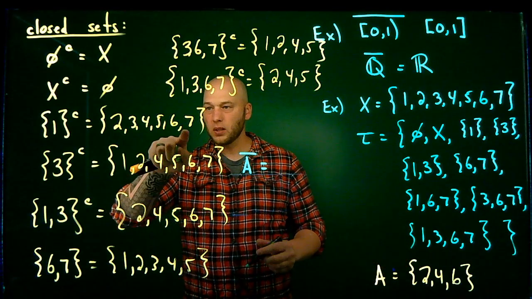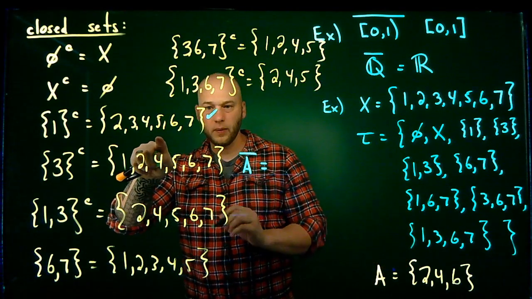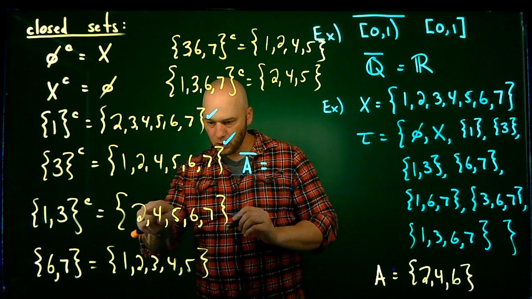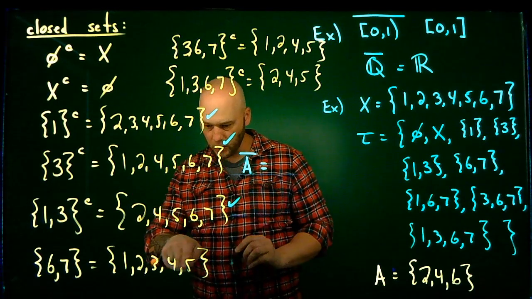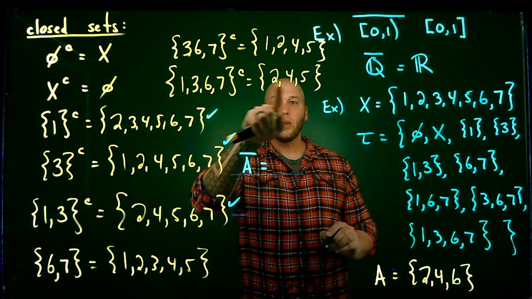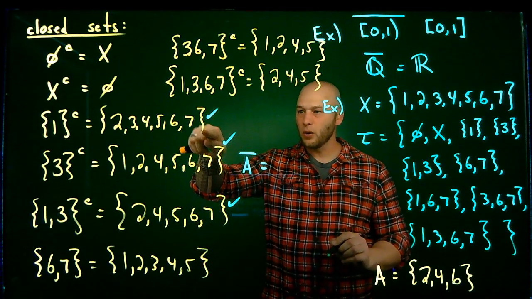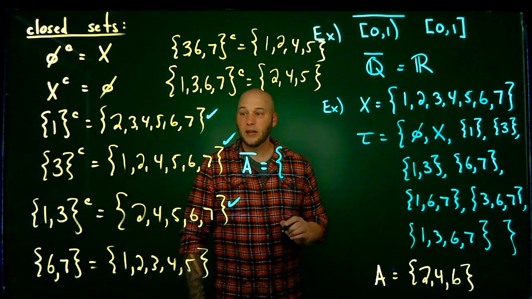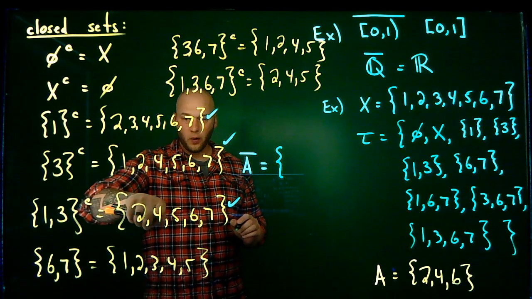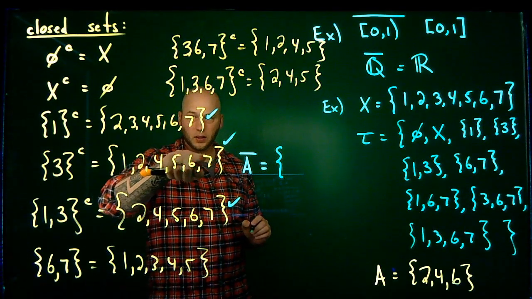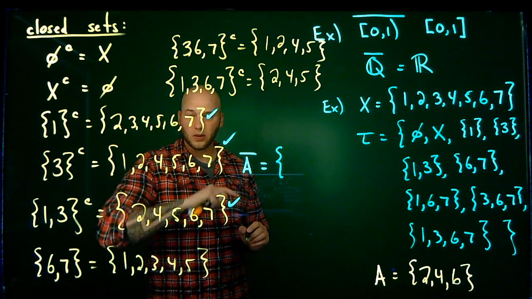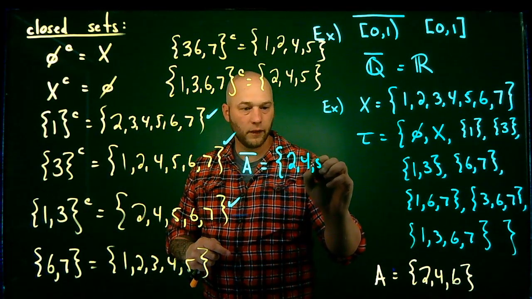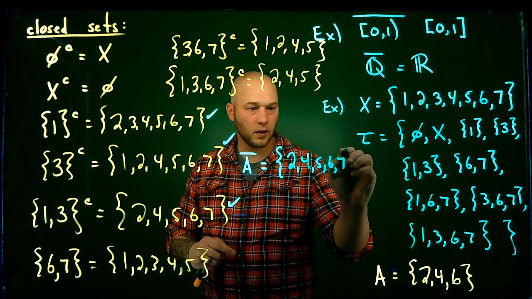So {2, 4, 6}, that would be this one. This one. This one. Nope, nope, and nope. So it's the intersection of those three sets. And what do they have in common? Let's see, {2, 4, 5, 6, 7}, {2, 4, 5, 6, 7}, {2, 4, 5, 6, 7}. So it looks like the closure is {2, 4, 5, 6, 7}.